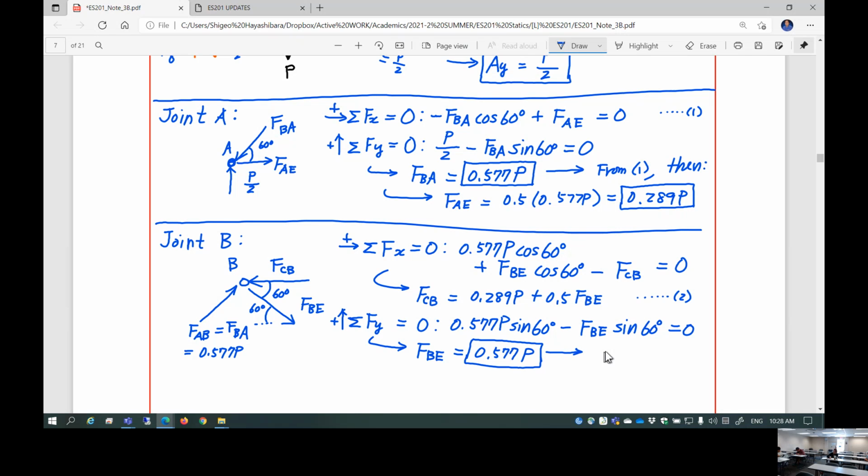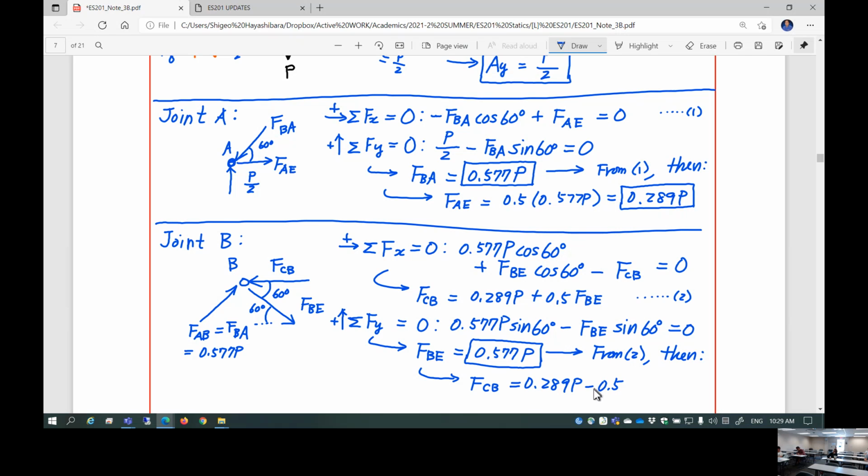Let's just plug in this information into equation 2. You get FCB. Okay, FCB is equal to 0.289P minus 0.5, but minus, plus, isn't it?